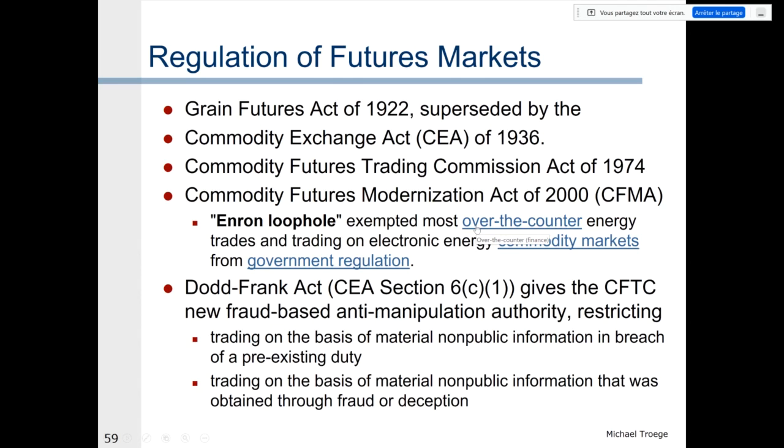Enron was an energy trader, and obviously as an energy trader, you do use a lot of futures trading. And the CFM Act deregulated energy trading and basically enabled Enron to take very high risk without anybody being aware of it.